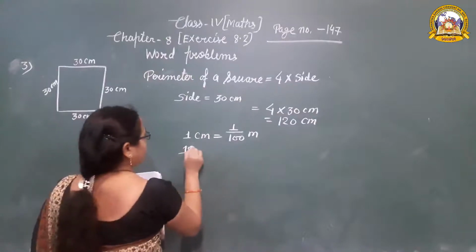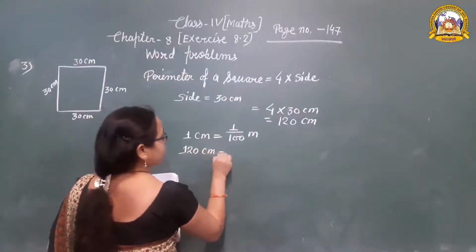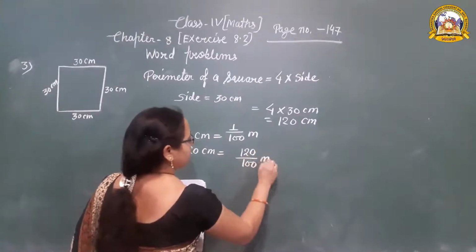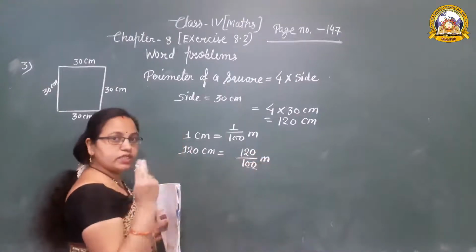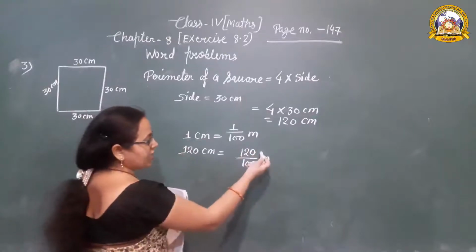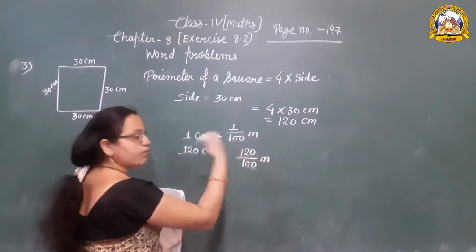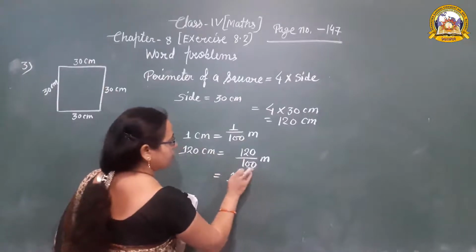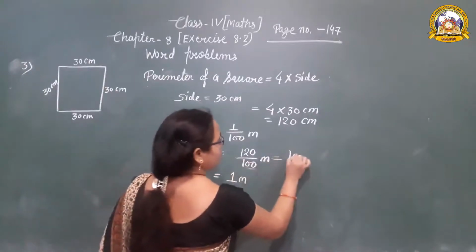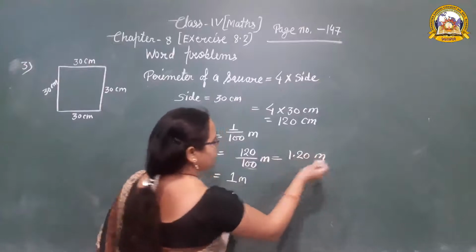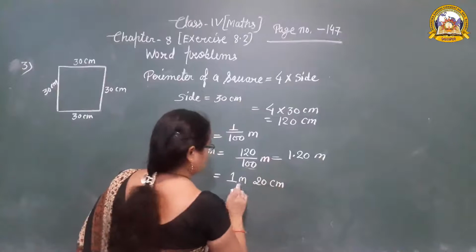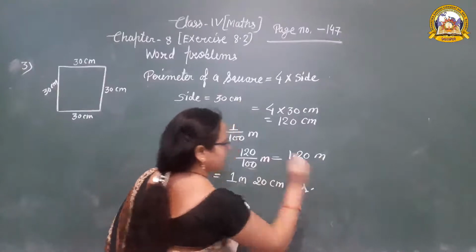That is why 120 centimeter is equal to 120 upon 100 meter. How many 0s in the denominator? 2 0s. So from the back side we put the decimal before the 2 digits. It means how can we write this? 1.20 meter. It means 1 meter 20 centimeter. That's the answer.